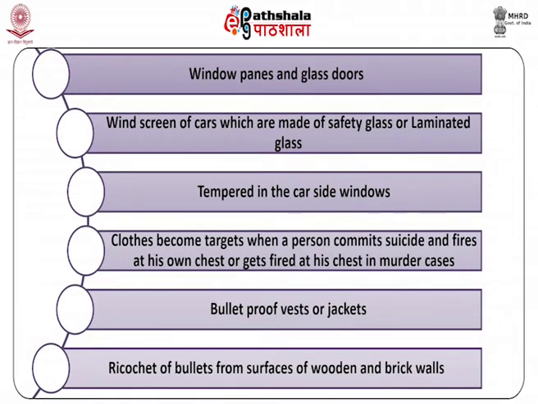Non-living targets frequently involved in murder or suicide cases are: number 1, window panes and glass doors; number 2, windscreens of cars, which are made of safety glass or laminated glass; number 3, tempered glass in the car side windows; number 4, clothes become targets when a person commits suicide and fires at his own chest or gets fired at in the chest in murder cases; number 5, bulletproof vests or jackets; number 6, ricochet of bullets from surfaces of wooden and brick walls.